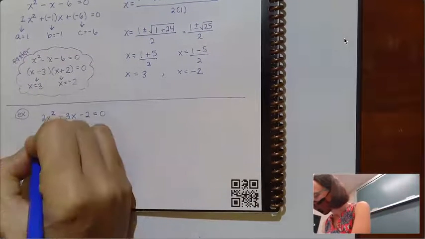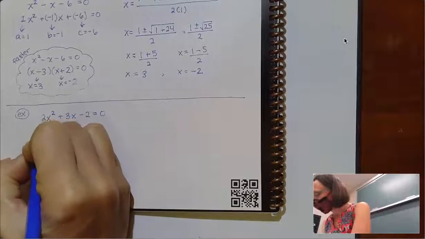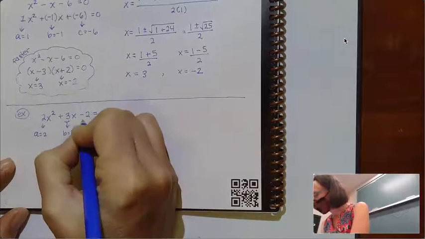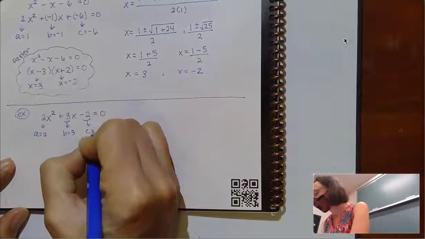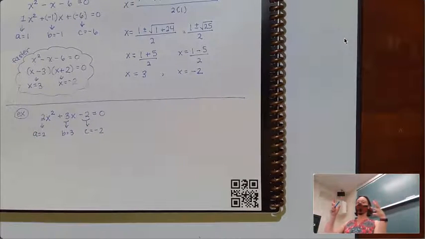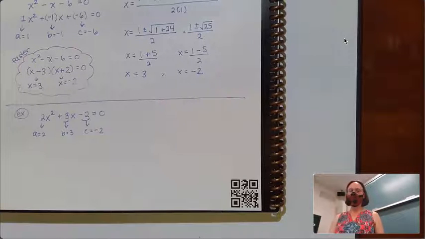So if I look at this, my A is 2, my B is 3, and my C is negative 2. It is important that you're capturing the sign, the plus or minusness of the A, B, and C when you put them into the formula.